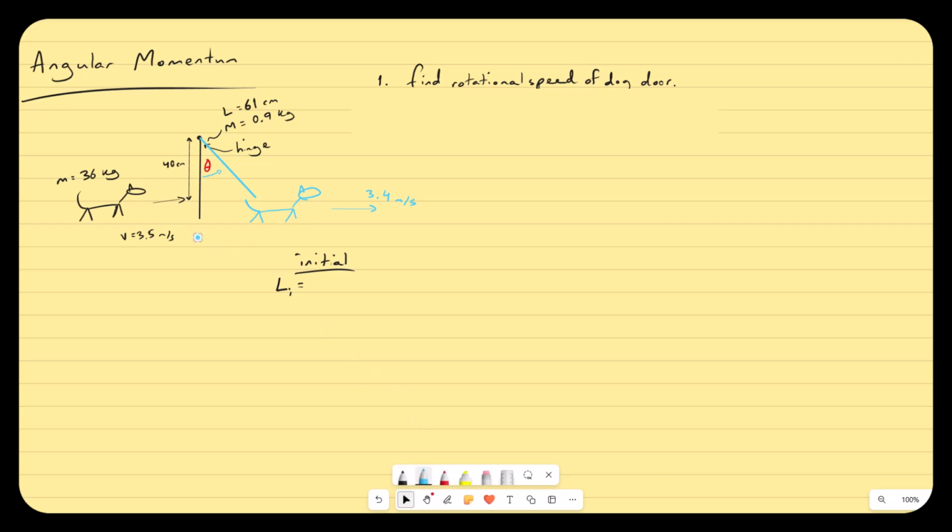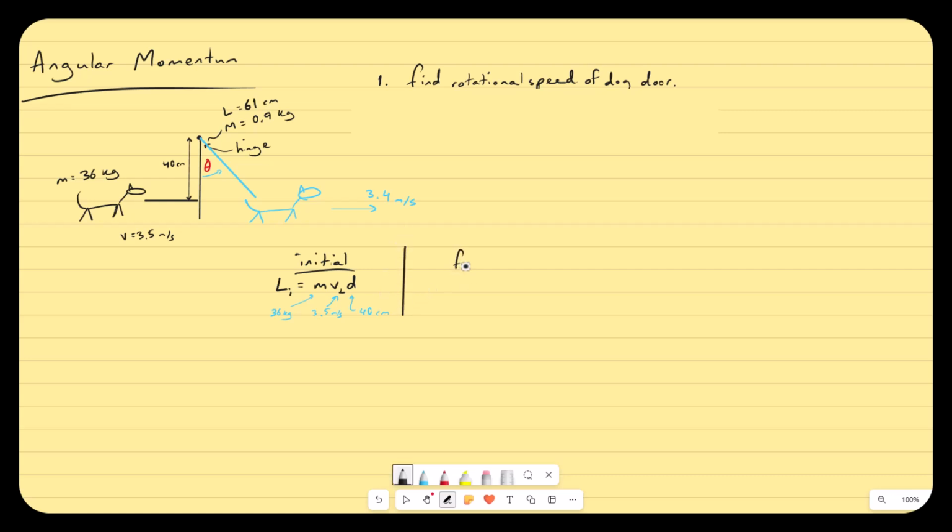If the dog is going to run in and strike right here at 40 centimeters, we've got an m v perpendicular, and it's already perpendicular, times d. d is going to be 40 centimeters, v is going to be 3.5 meters per second, and my m is going to be 36 kilograms. That's the only thing doing anything initially, so that's the only place where we have any angular momentum.